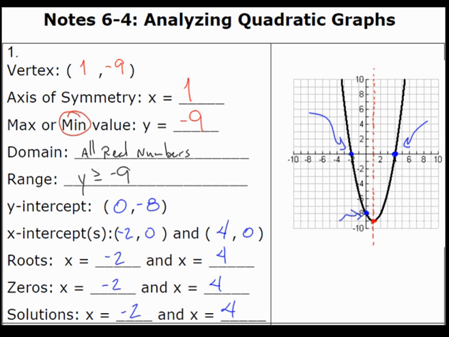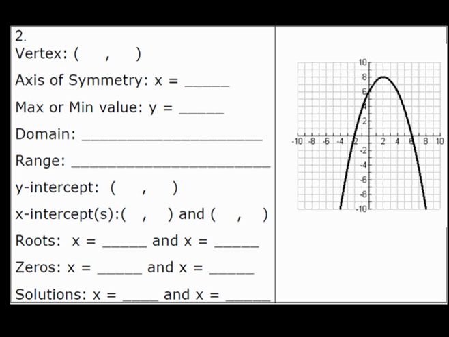Looking at another example, doing the same thing here. This time our parabola is opening down. So my vertex is located right here. That's the point of 2, 8. My axis of symmetry.